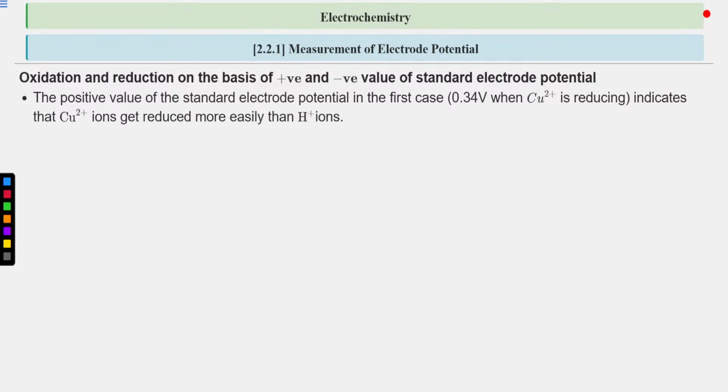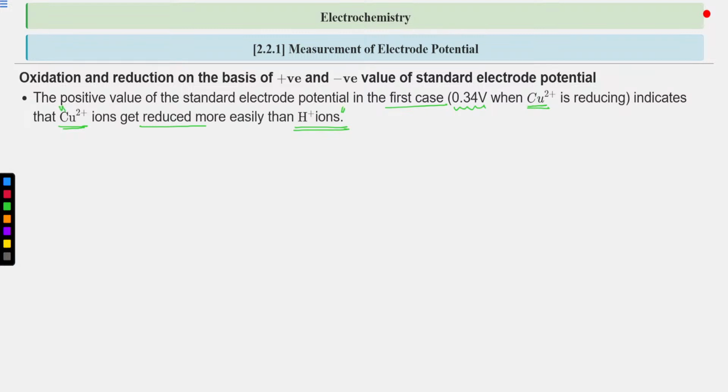So the positive value of standard electrode potential in the first case, 0.34 volt, is the EMF when Cu2+ is reducing. Okay, so this indicates that Cu2+ ions get reduced more easily than H+ ions. Okay, so the summary is that Cu2+ ions get reduced more easily than H+ ions.